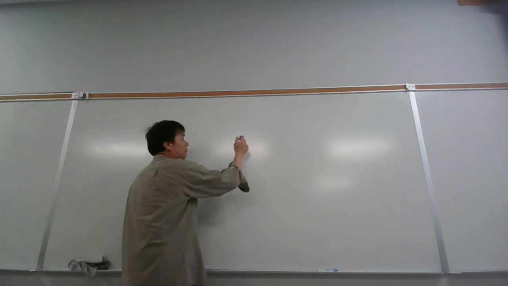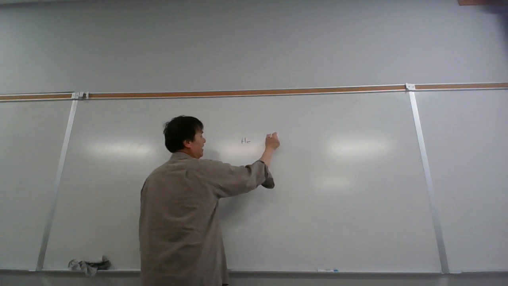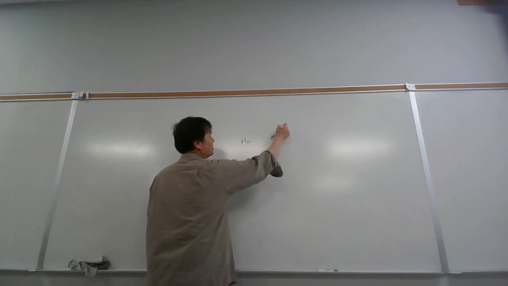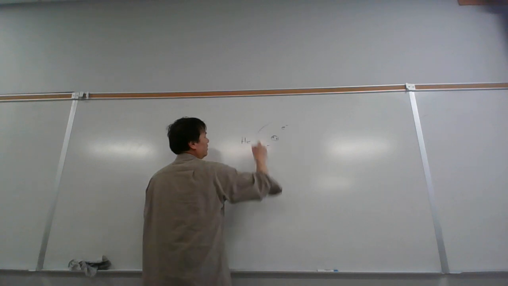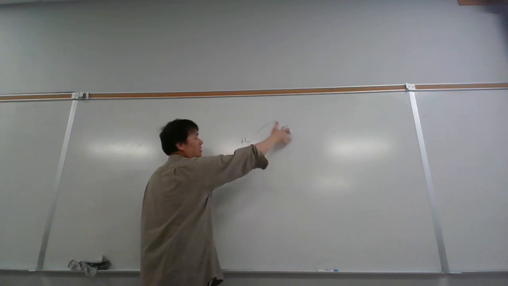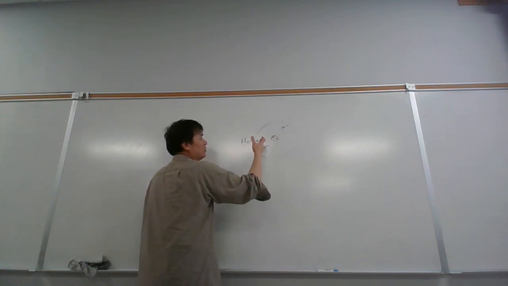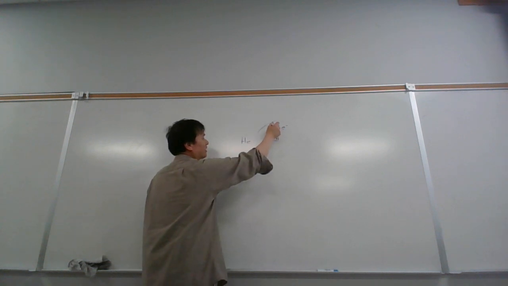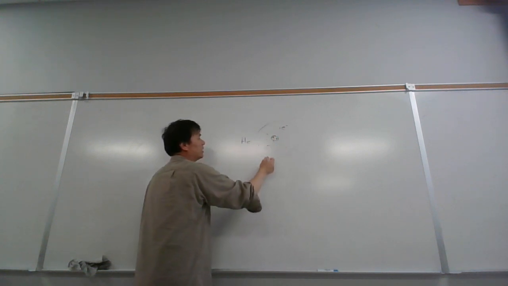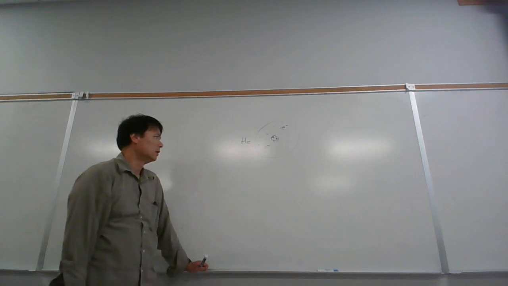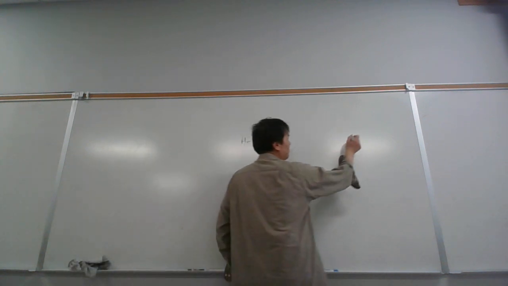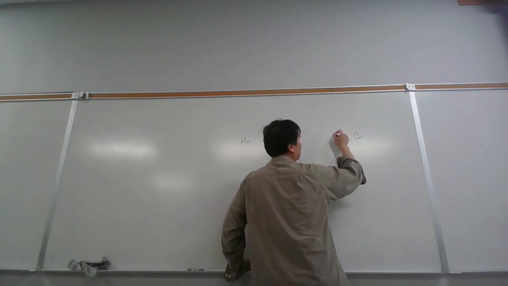So if we look at helium, helium has 2 protons and 2 electrons. So time average, those electrons are moving around, and so over time, this looks pretty symmetric and neutral. In one instant of time, we could have both electrons on the same side.